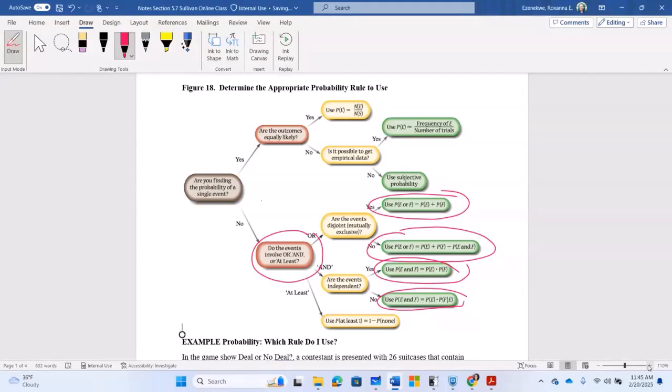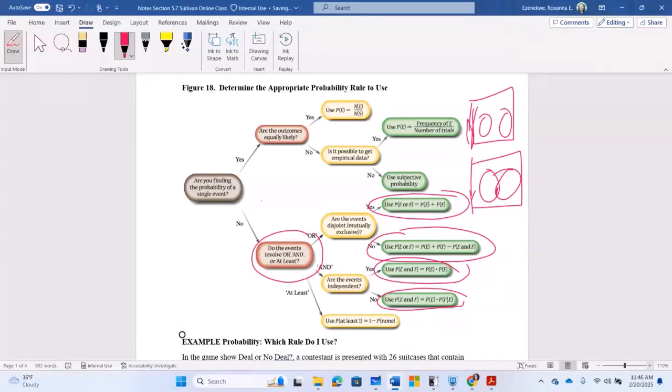If the events are non-mutually exclusive, which means there's joint probability, then you use the general rule. So if you have a Venn diagram that is joint, you use the general rule. If you have a Venn diagram that is disjoint, where the ovals are not touching each other, you use or probability, addition probability.